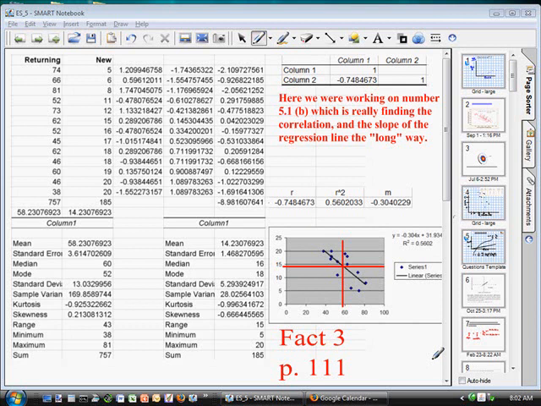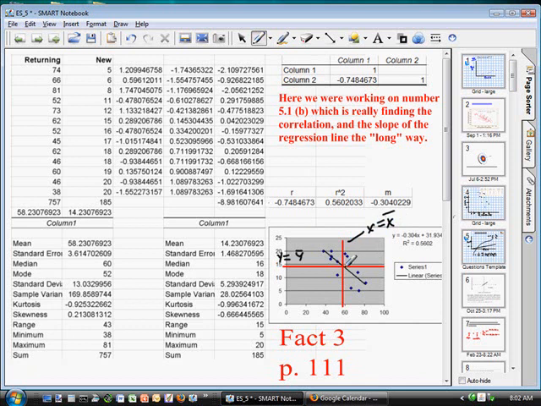Fact 3 says the point, the average of x, the average of what? What I'm trying to show you here is this line right here, and this line right here is x equals x bar.